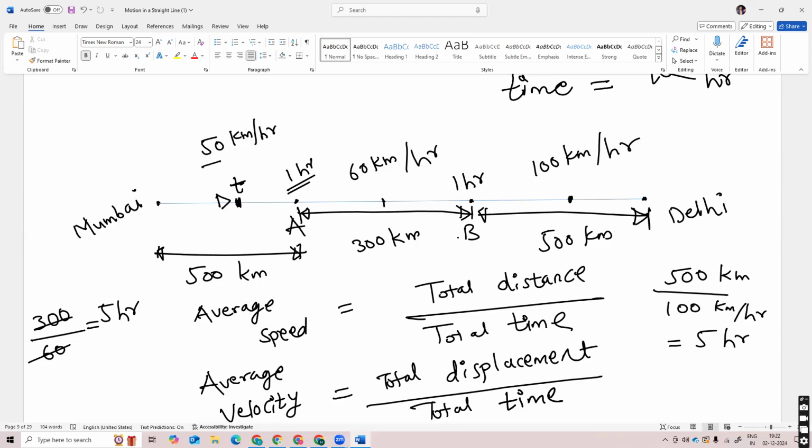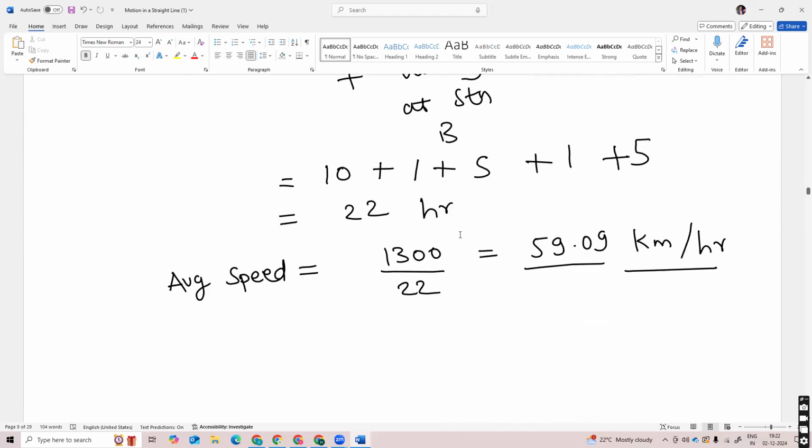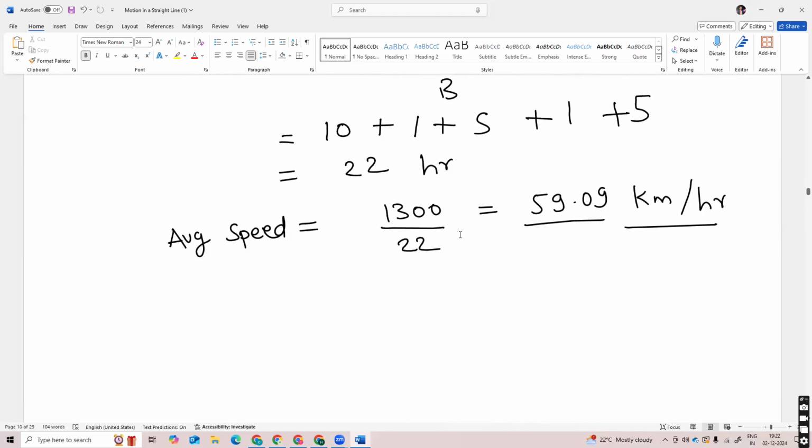Then you will say it was 50 kilometers per hour. If I ask, let's say this is time t plus x, at time t plus x, what was the speed? It was 60 kilometers per hour. Similarly, at this instant, it was 100 kilometers per hour. So basically, now you must have seen the difference between average speed and instantaneous speed, but I will talk about instantaneous speed later. First we'll focus on average speed and average velocity for now.